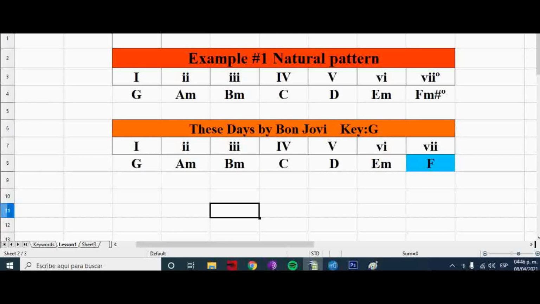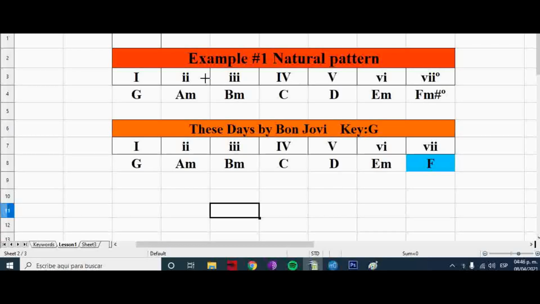Okay friends, we continue. I have an example right here of the 7 notes, but in this case the notation is different. We begin with Roman numerals 1, 2, 3, 4, 5, 6, 7.